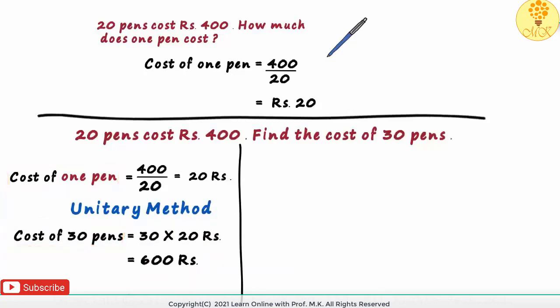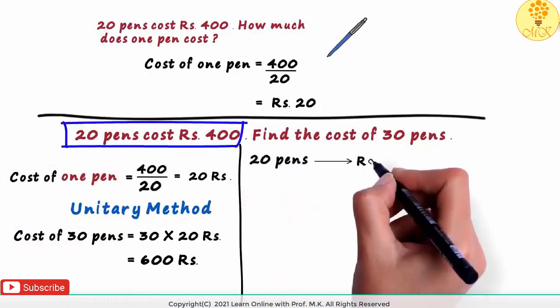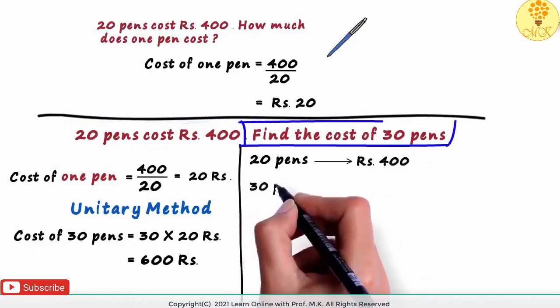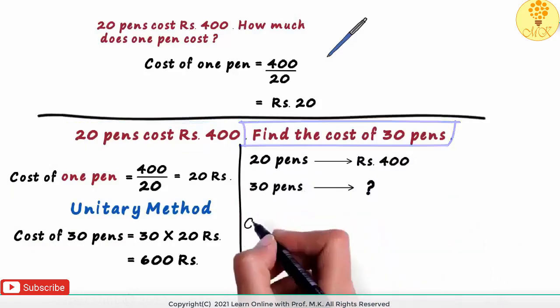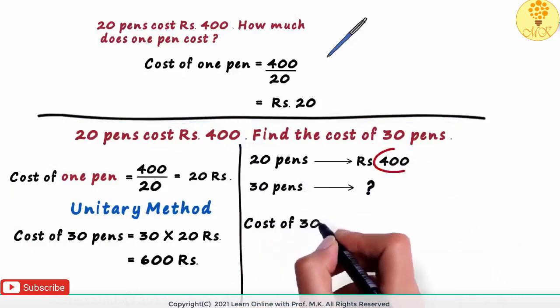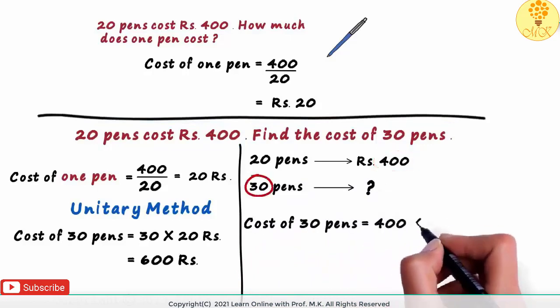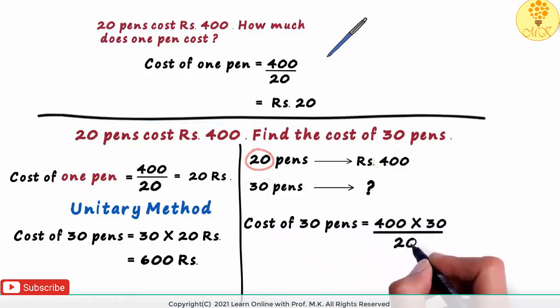There is another interesting way in which we can look at it. The question says that 20 pens cost 400 rupees. So how much do 30 pens cost? Cost of 30 pens is given as 400 multiplied by 30 divided by 20. Wow, we used just one step.